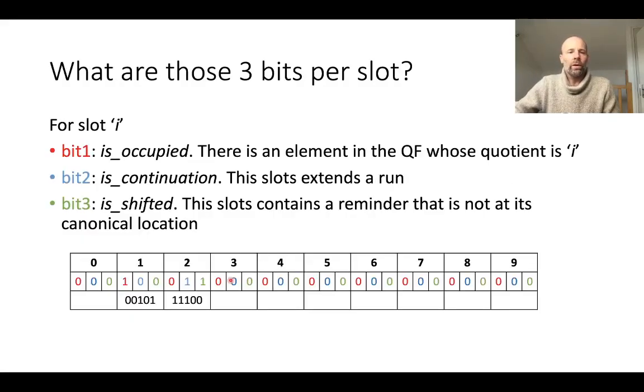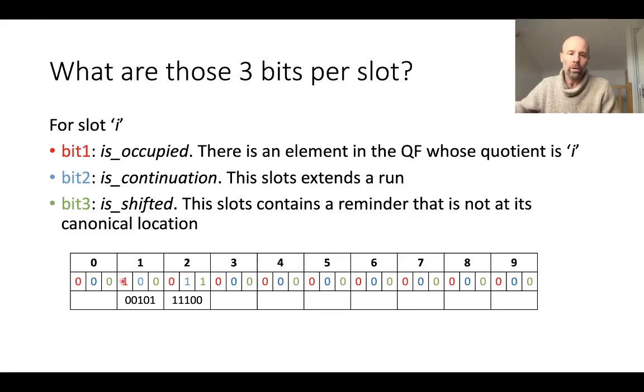Those 3 bits, what are they? They are central. The first bit, the red bit here in this example, is called isOccupied. It's extremely simple. If this bit is set to 1, this means that there is somewhere in the quotient filter an element whose quotient is equal to the address where the bit is set to 1.